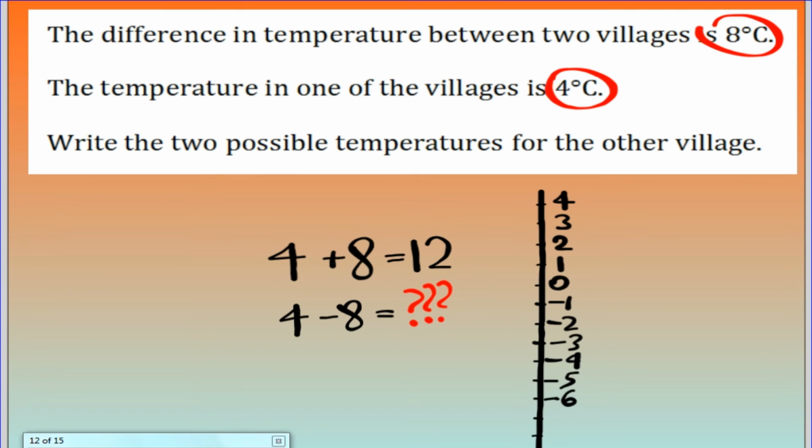So, counting down 8, 1, 2, 3, 4, 5, 6, 7, 8, we're at -4. So 4 minus 8 is -4.